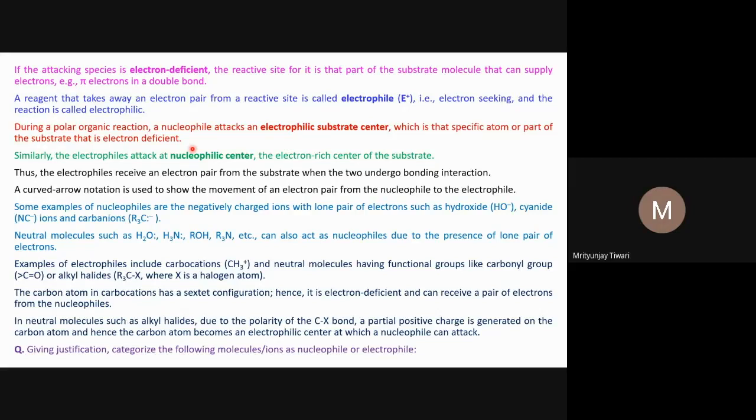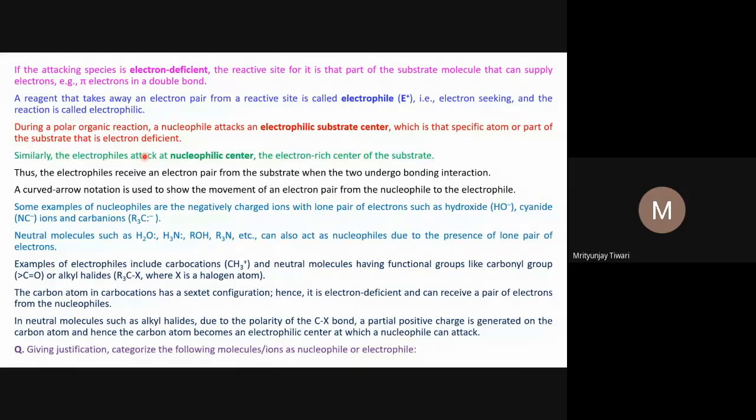It acquires a certain partial positive charge, and so it becomes, sorry, it becomes electrophilic because it wants electrons. It becomes an electrophilic substrate center, which is that specific part of the substrate that is electron deficient.